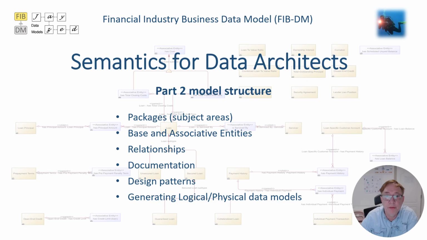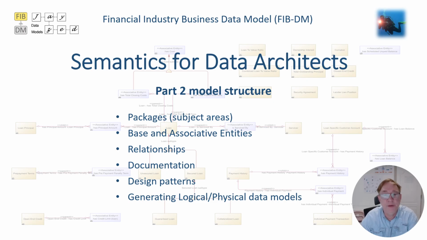Make sure you watched part 1, which sets the state about the FIB-DM origins, the FIBO ontology, and the transformation considerations. So part 2 is about the data model structure.